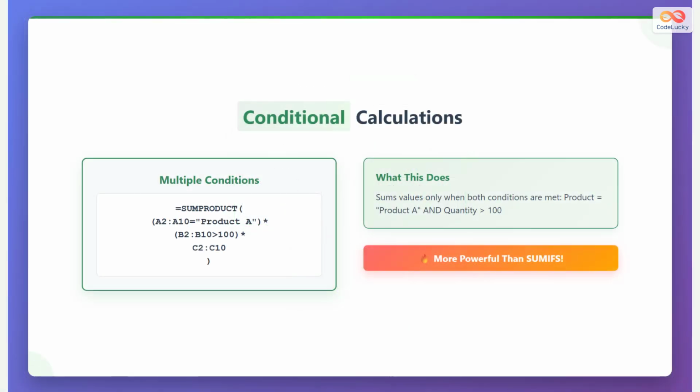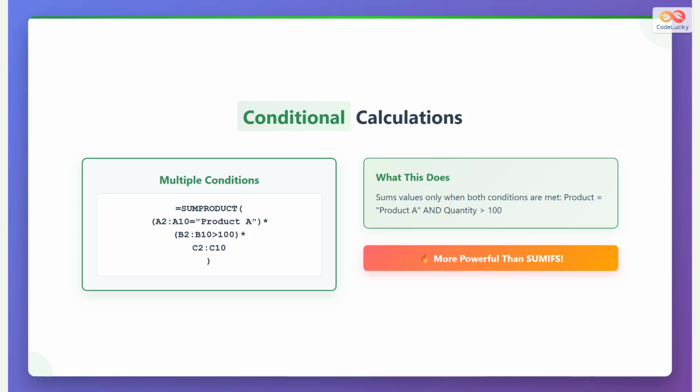One of the most powerful aspects of SUMPRODUCT is its ability to handle conditional calculations. It can perform sums based on one or more conditions. Here's how it works. Suppose we want to sum values only when both conditions are met: product equals product, and quantity is greater than 100.